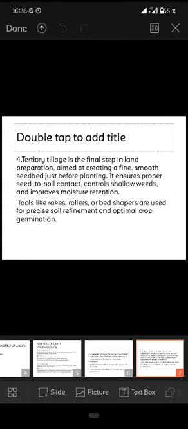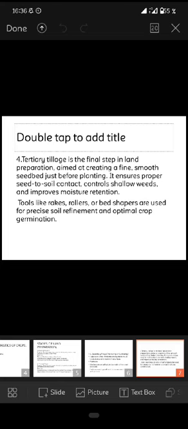Then we have the last one, the fourth. If you are going to plant, for example, wheat, which has very small seeds, then it requires a fine seedbed. That requires tertiary tillage or tertiary operations.